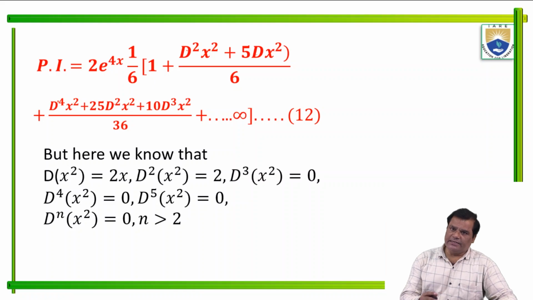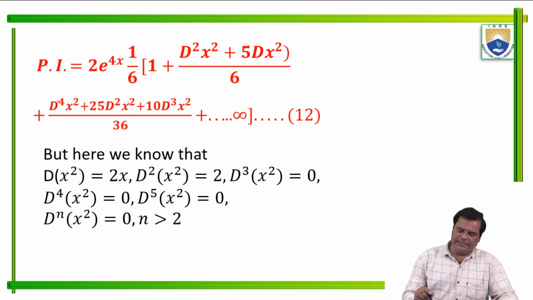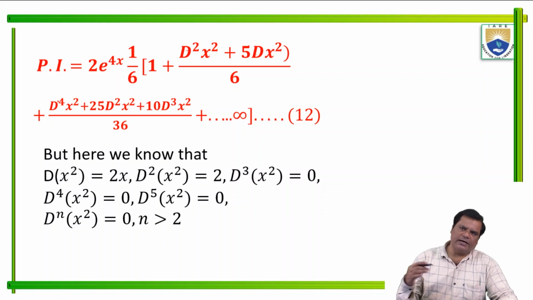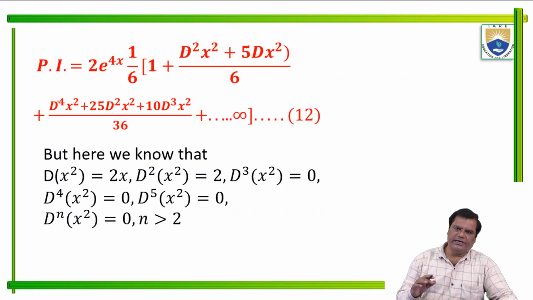In each place, we take only the first term, second term, third term. All other terms are 0 because the order of derivative is more than 2.